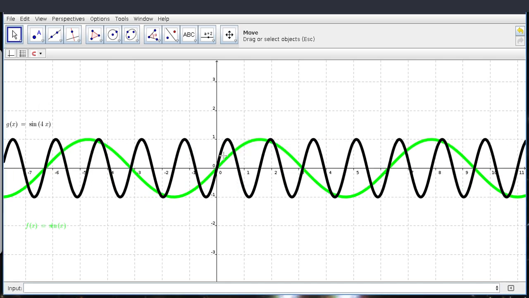4x. The original green graph goes up, down, back to 0, and then starts again. 1 cycle. Let's see how many cycles the modified graph, what I call 4x, goes through. Goes up, down, 1, 2, goes up and down, 3, goes up and down, 4.